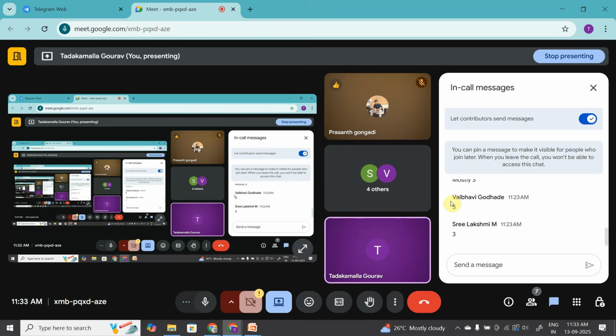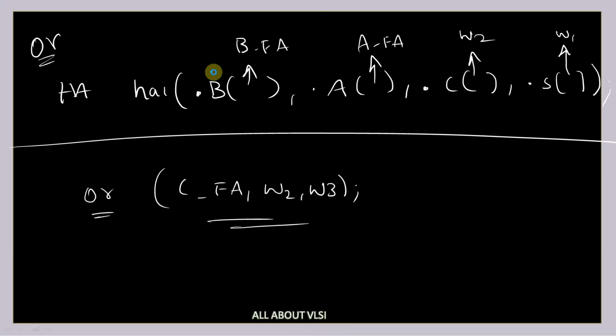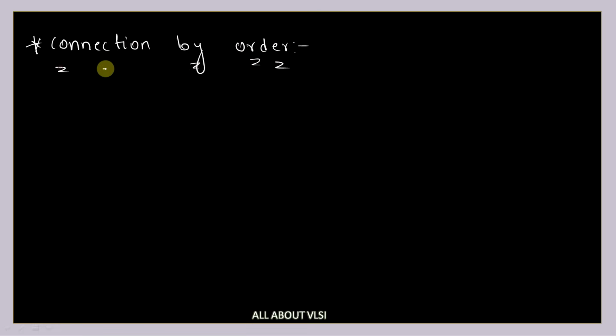Great. Now let us see how to follow connection by order. Again, the same code I'm going to take, HA1. Now in connection by order we are not going to write the variables related to our half adder.